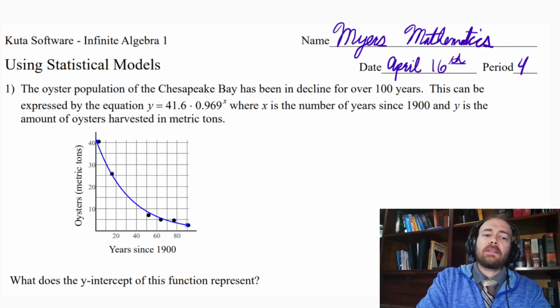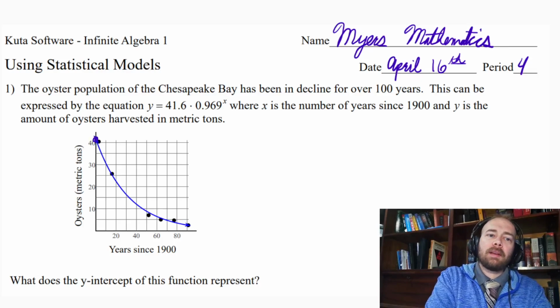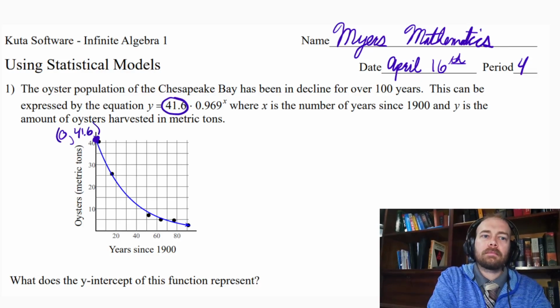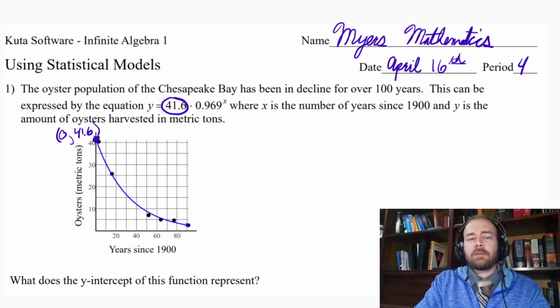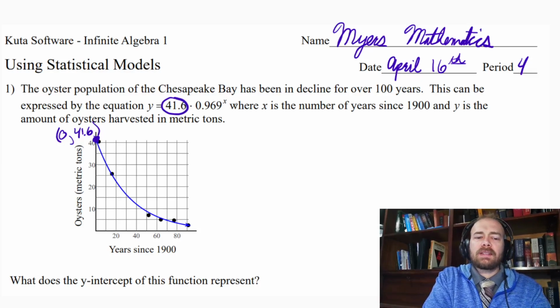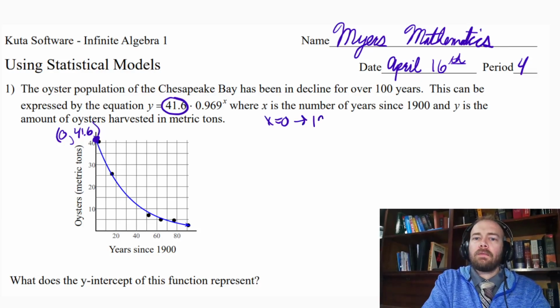What does the y-intercept of the function represent? Well, that would be (0, 41.6), which is this number. That's when x is 0. x is the number of years since 1900, so if x is equal to 0, then that means we're in the year 1900.